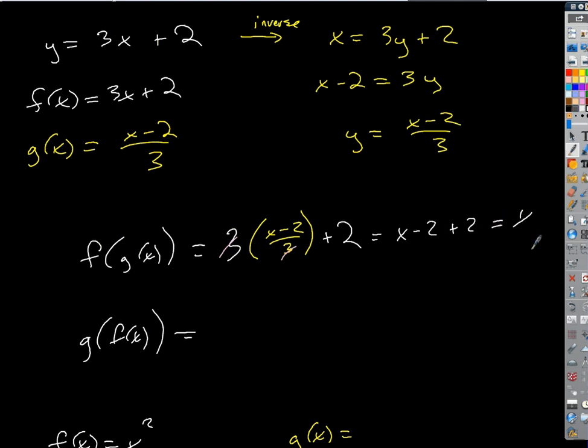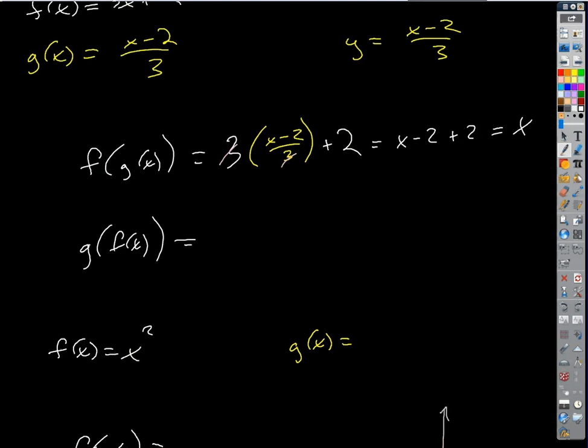It works. So what's g of f of x going to be then? If g of x is x minus 2 over 3, what's g of a? a minus 2 over 3. G of b would be b minus 2 over 3. G of f would be f minus 2 over 3.